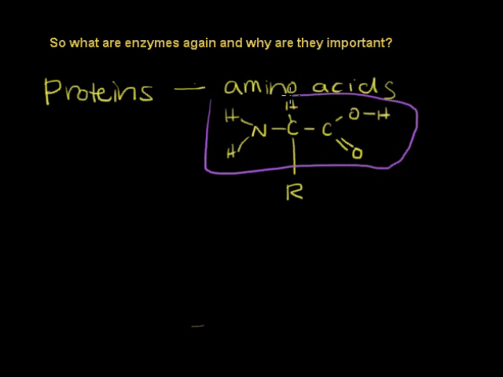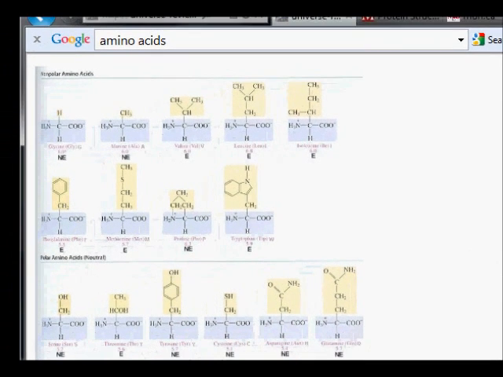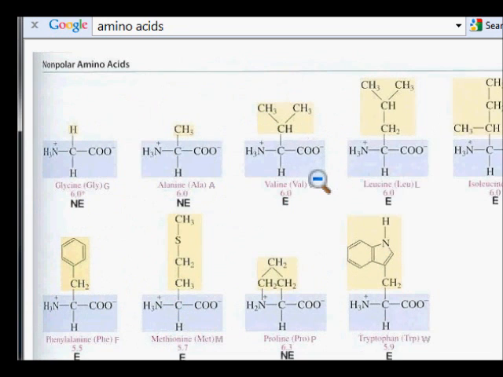This is the same across all 20 amino acids, but what makes them unique is what we call an R group here. So there are 20 different groups that come off this basic structure that make these 20 amino acids different, right? Just to give you a little peek at what those look like, I grabbed a website. Again, this blue part is the building block part of it.